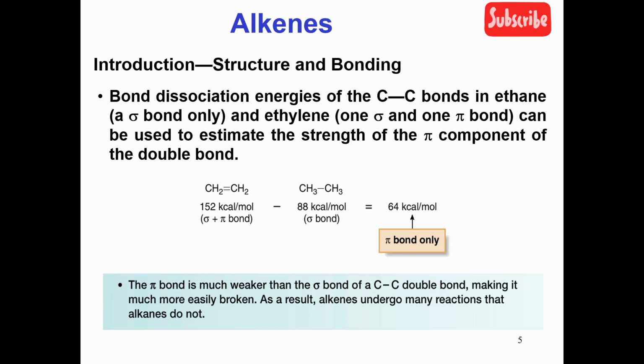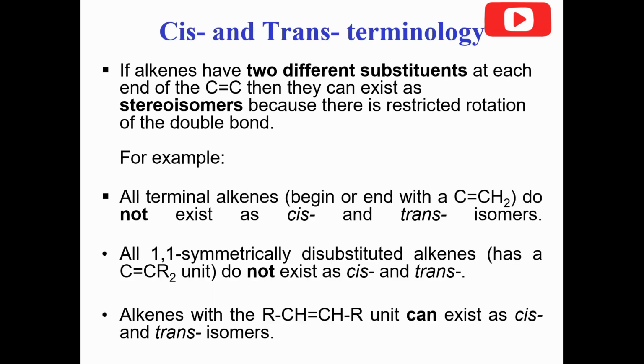From the bond dissociation energy of alkene and alkane, it is observed that the pi bond of alkene is a weaker bond than the sigma bond in alkane. Because of the weakness of this pi bond, the bond is easily broken and alkenes are more reactive than alkanes.